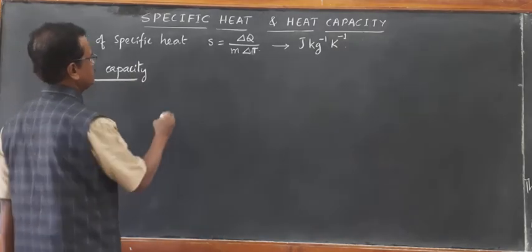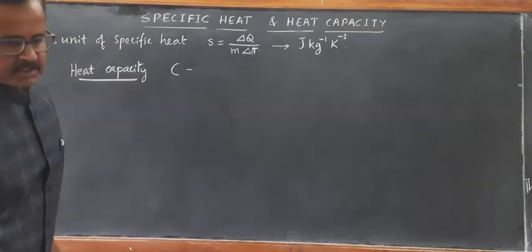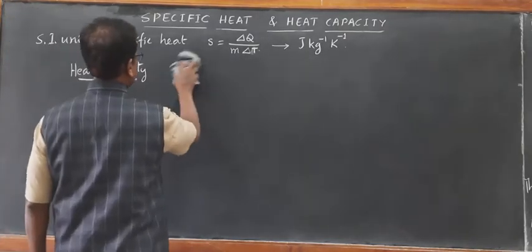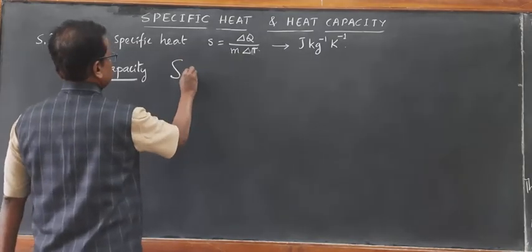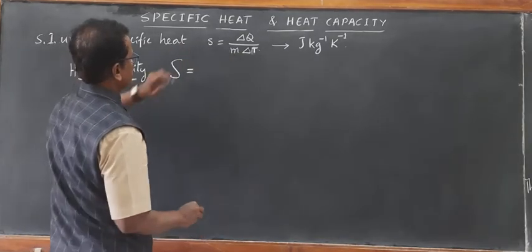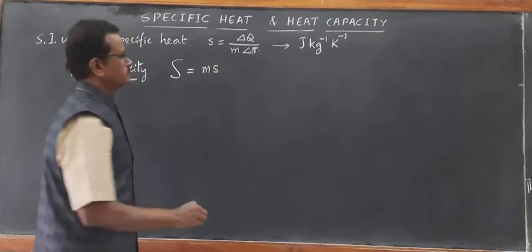Now from this we will learn what is heat capacity. Heat capacity is denoted by capital S. Capital S is equal to, taking this m to the left hand side, m into small s.